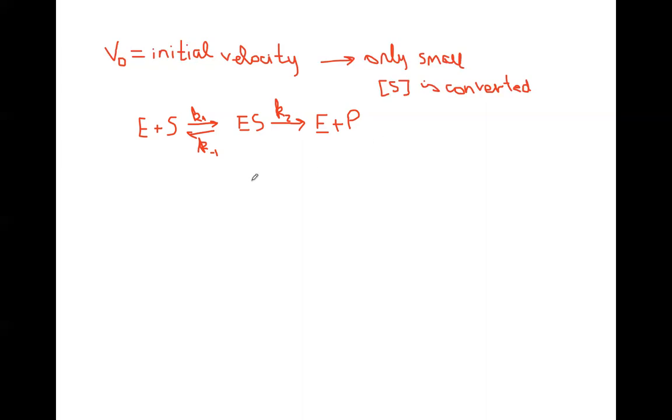And so based on this equation, our V naught, V0, equals, so where does the reaction occur? The reaction occurs in the second step here.